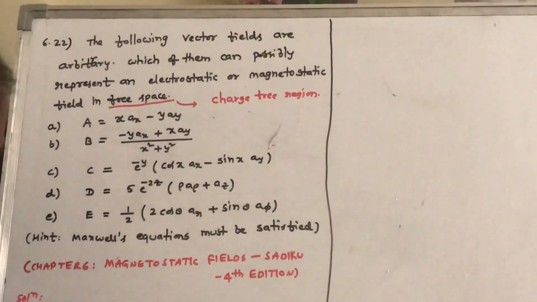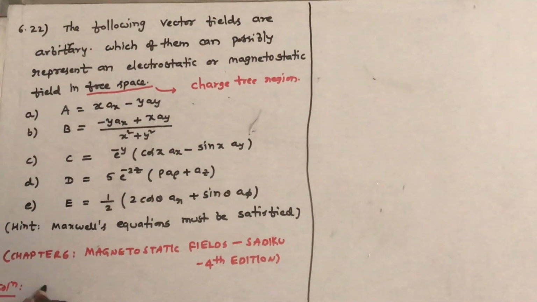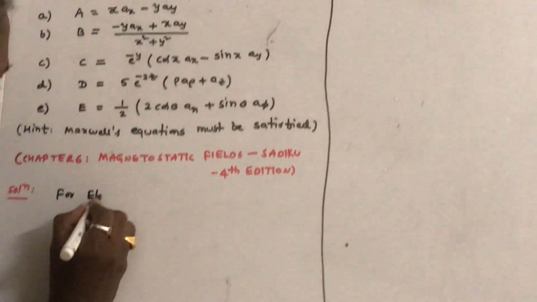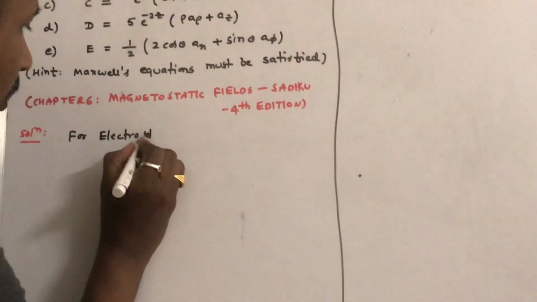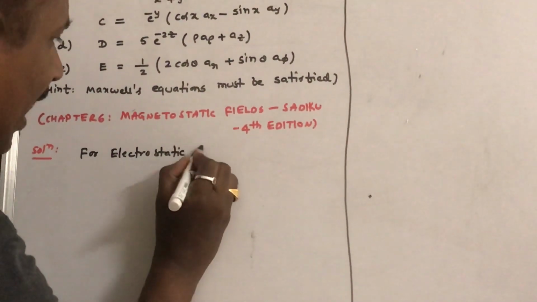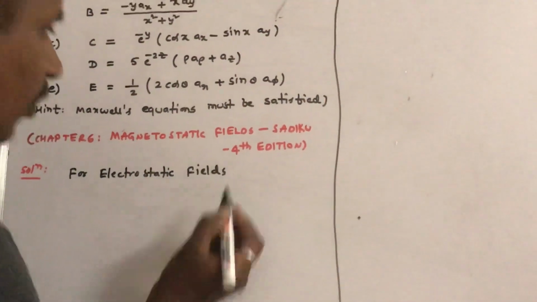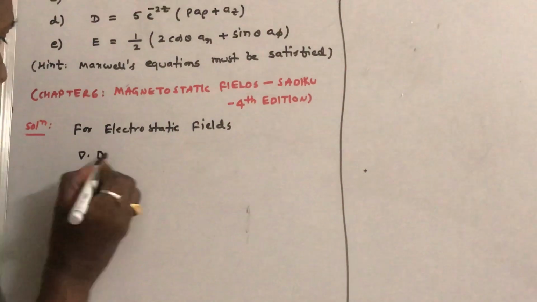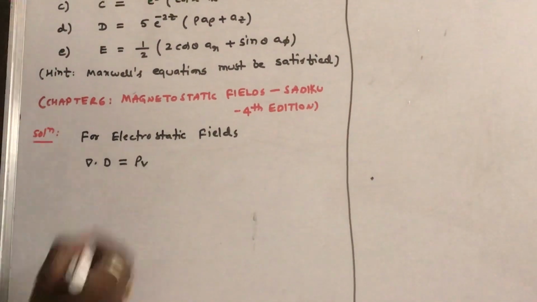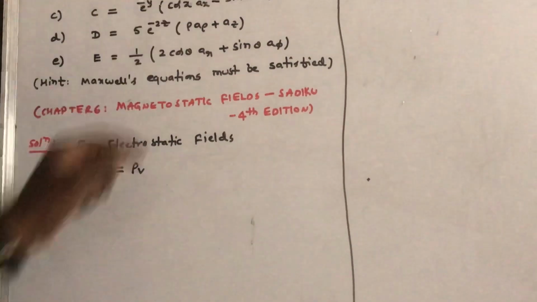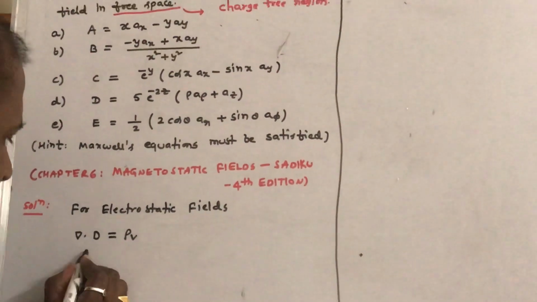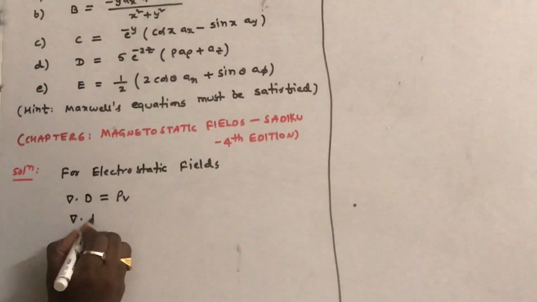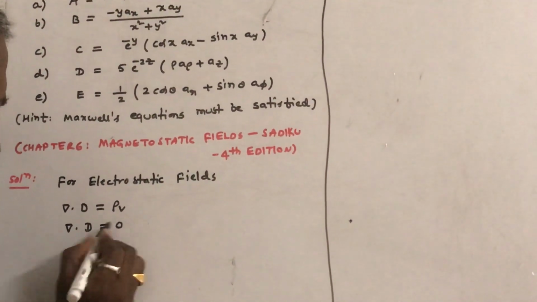Now, see, for electrostatic fields, we have two Maxwell's equations. Del dot D is equal to rho V. Since what is given is a charge-free region, there is no volume charge density, so del dot D is equal to 0.